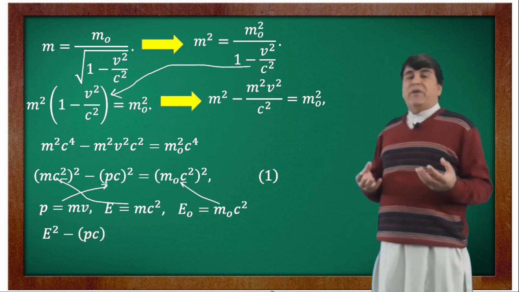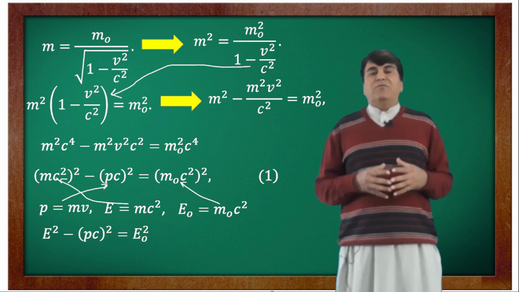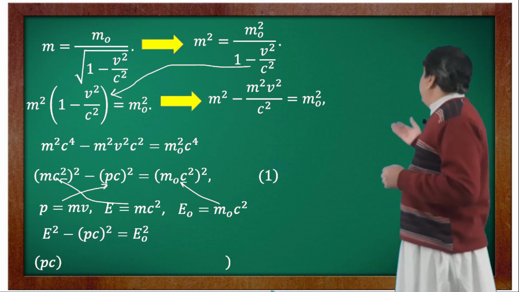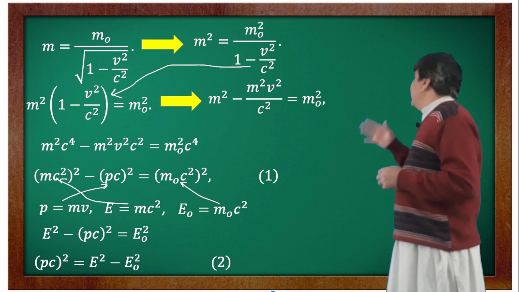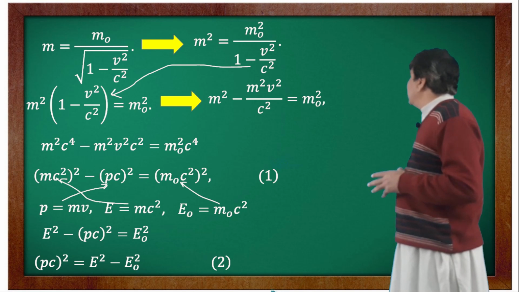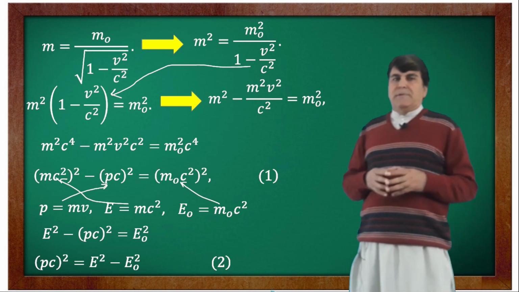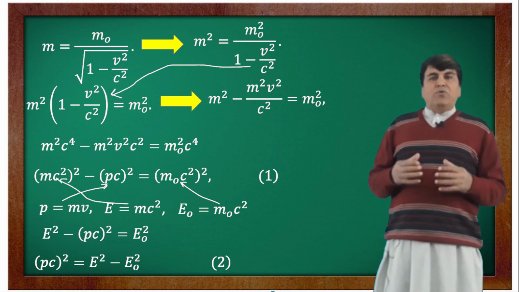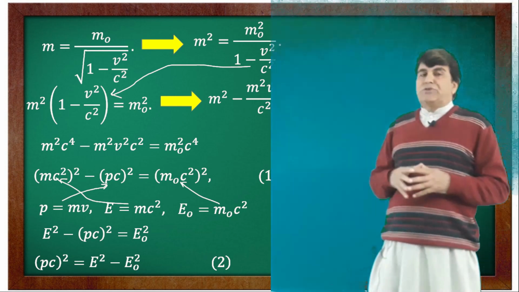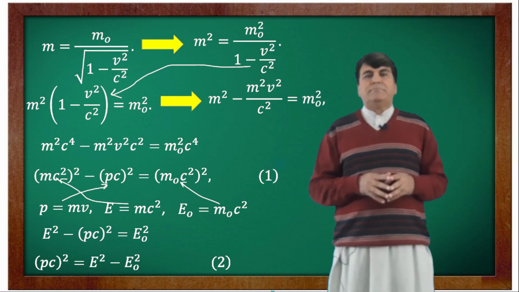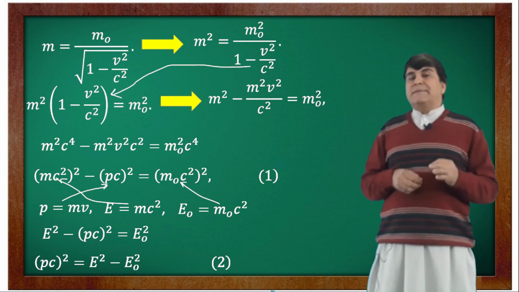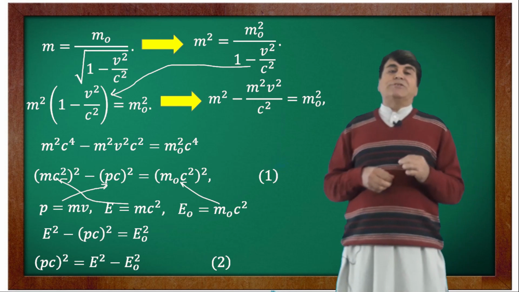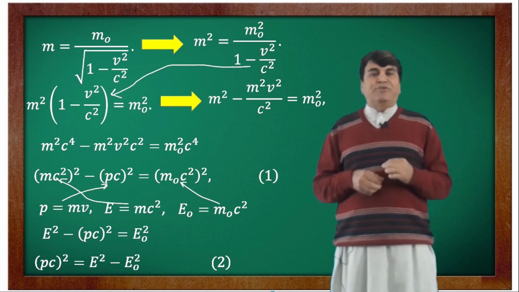Substituting these values, equation 1 can finally be put into the form (pc) whole squared equals the difference of the squares of the relativistic energy and rest mass energy, that is E squared minus E0 squared. And I denote this equation with 2. Equation 2 in fact relates the relativistic momentum p with relativistic energy E of an object.